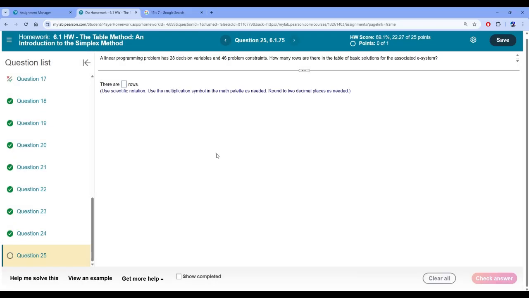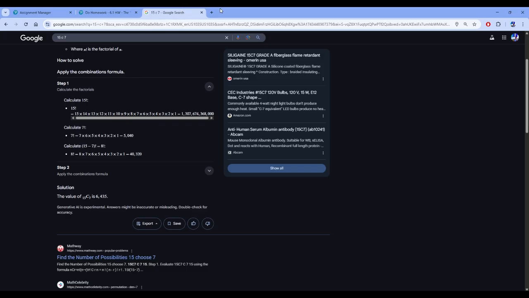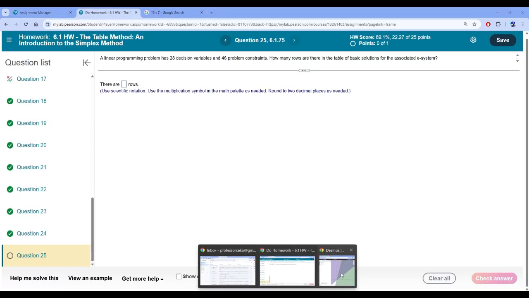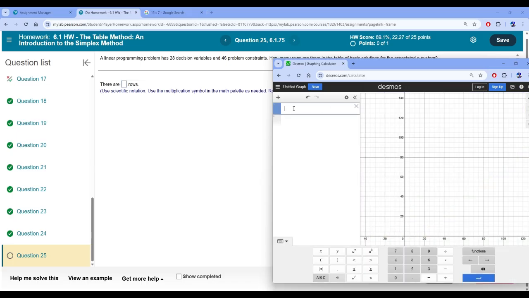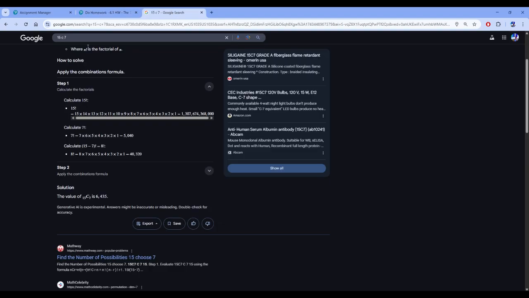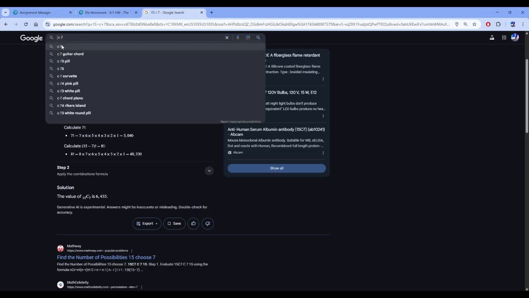A linear program problem has 28 decision variables and 46 constraints. How many rows are there? What's 46 plus 28? Let's go back to Desmos. 46 plus 28 is equal to 74. So it's 74 choose 28. Give me a big number.